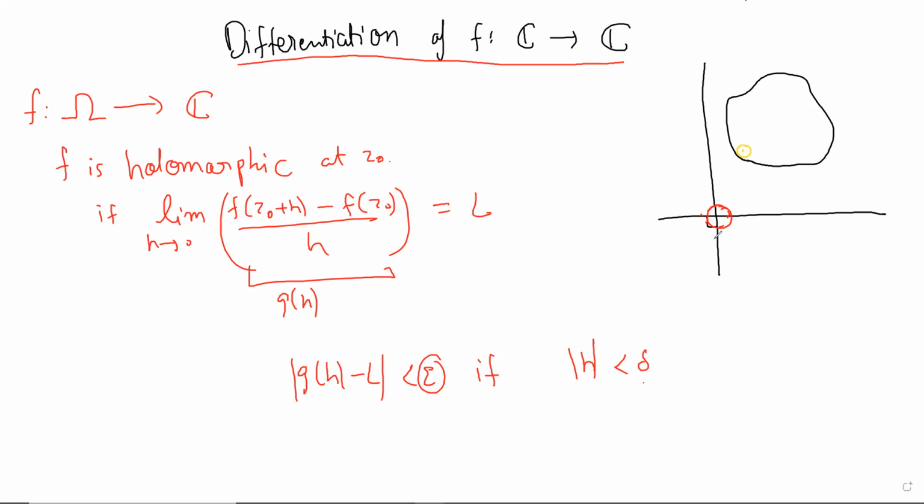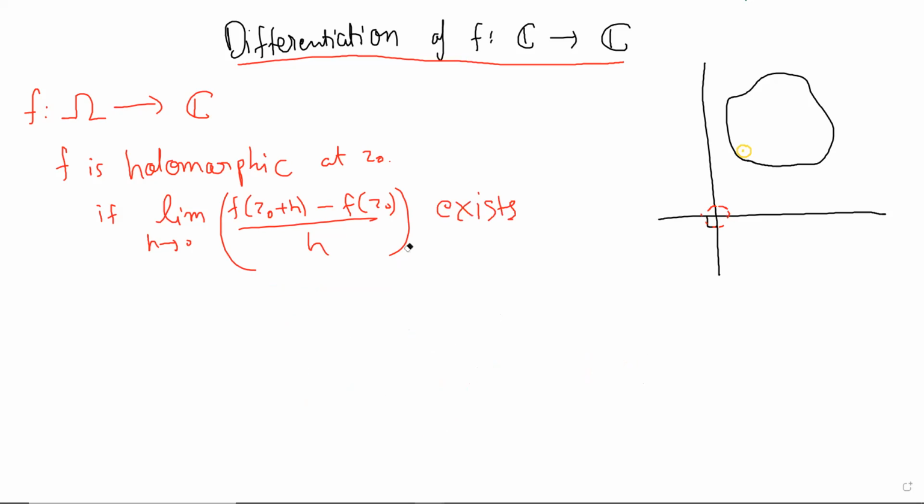You see my point? h can approach like this, h can approach diagonally. On all the values, this has to be less than epsilon. That's a very strong thing if that actually happens. But it happens for a lot of functions, and those functions are called holomorphic. So I'll just go back to just saying this limit exists.